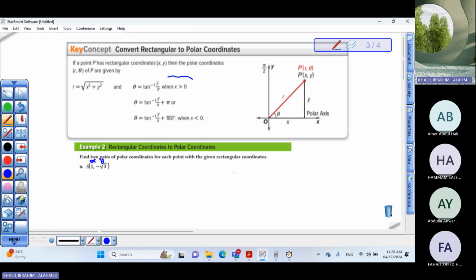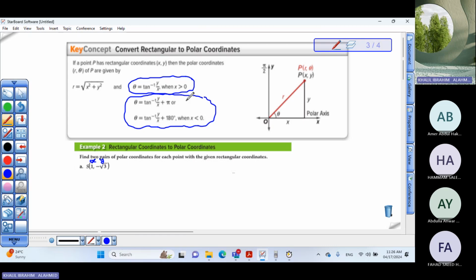We have this formula if x is more than or equal to 0. And we have another formula here if x is less than 0.